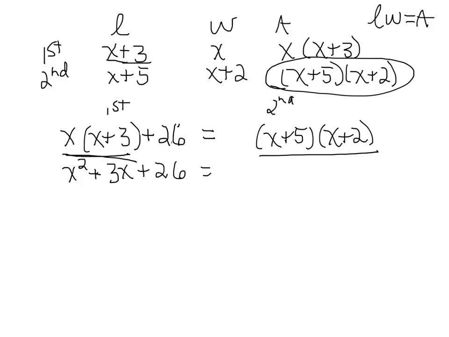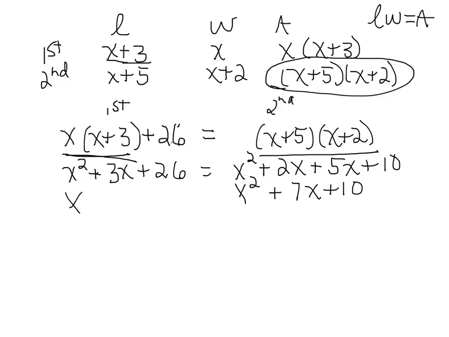And so this becomes x squared plus 2x plus 5x plus 10, or when I combine the like terms, x squared plus 3x plus 26 equals x squared plus 7x plus 10.